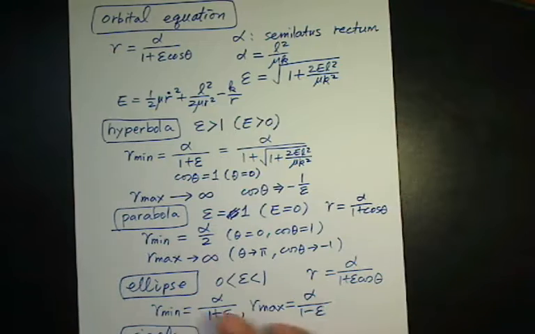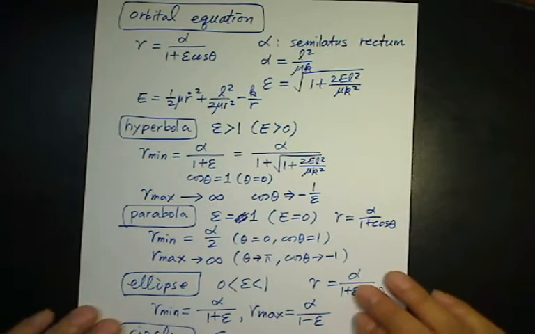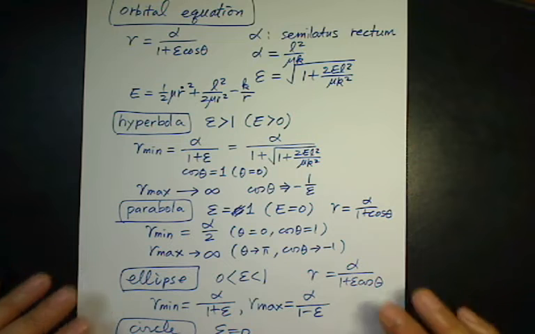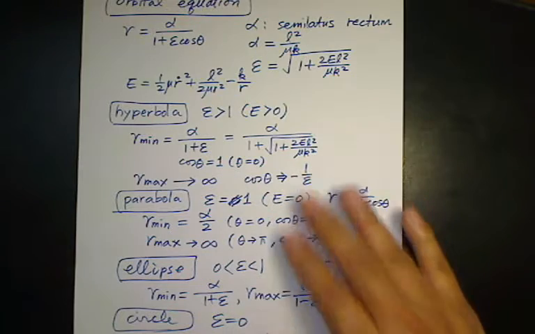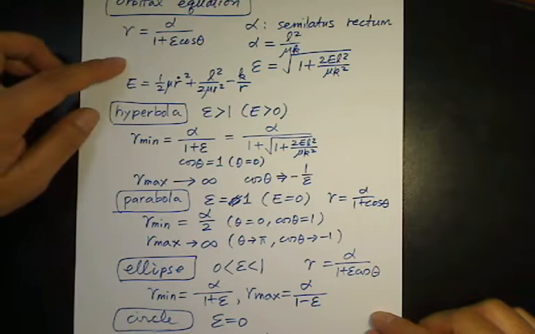And if we want to compute the scattering angle, we have to compute the relation between the angle and the radius, something like that. So this is what we have already studied.